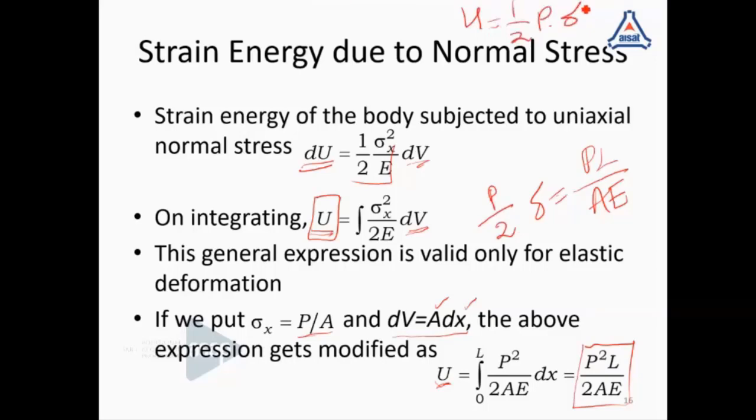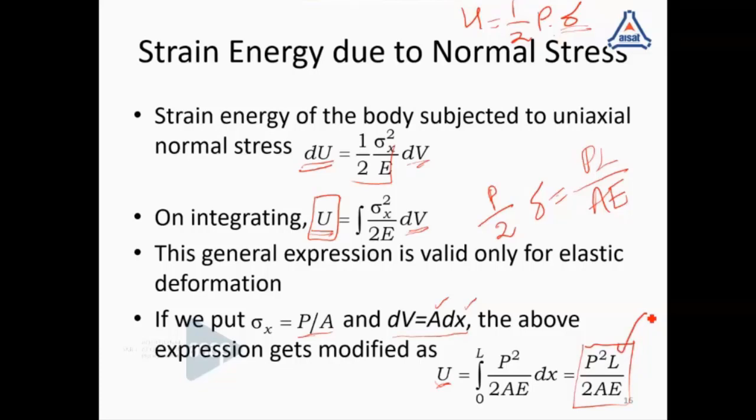It is the same expression which we have seen earlier: half of P into x, half of P into L. Like that we have written the expressions. Now it is half of P into delta, the deflection. And the same expression we have studied in MOS, the same thing we are using here.